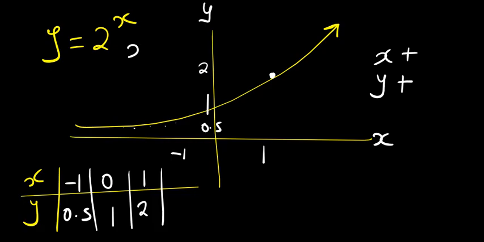When I come to the other quadrant, x is negative, y is positive. In this region, x and y, both of them, are negative. But when I come to the other side, x is positive, y is negative. Those are the basic principles you're supposed to understand.